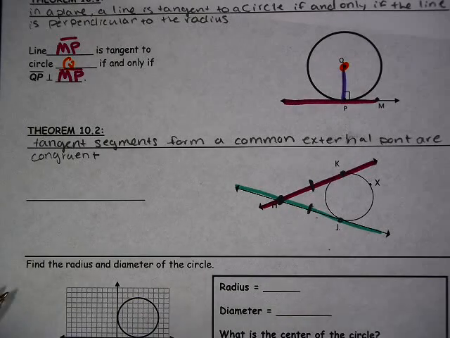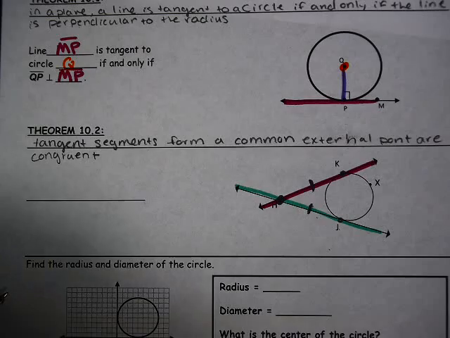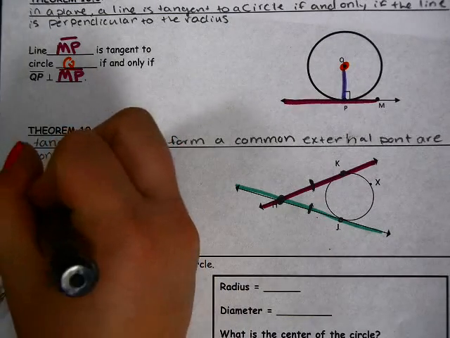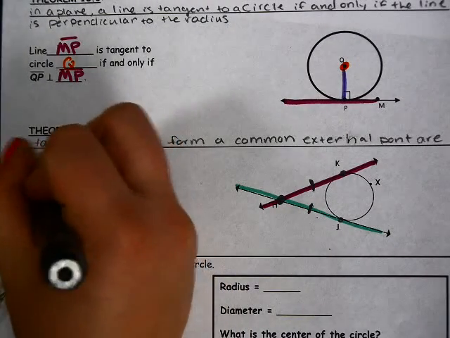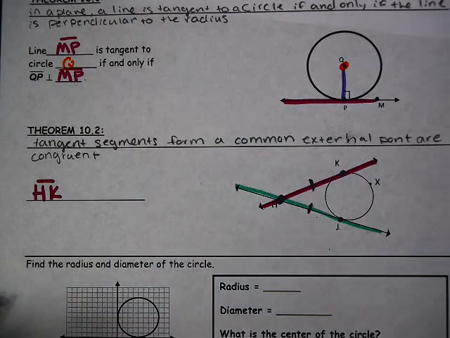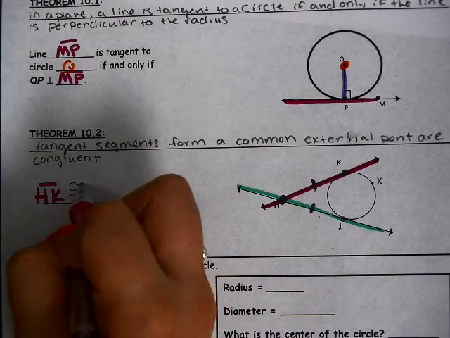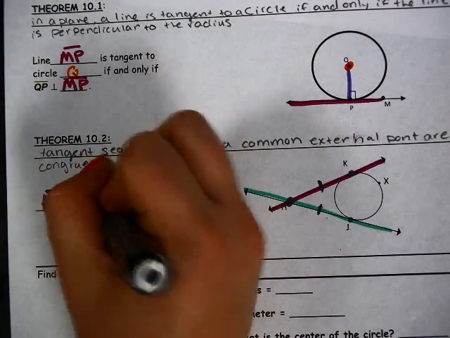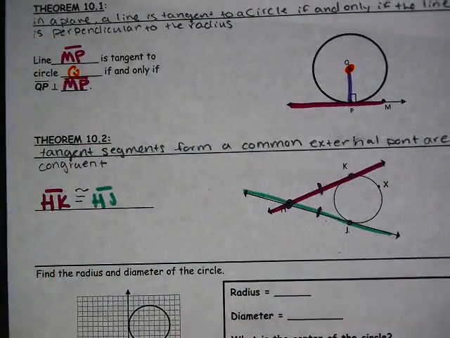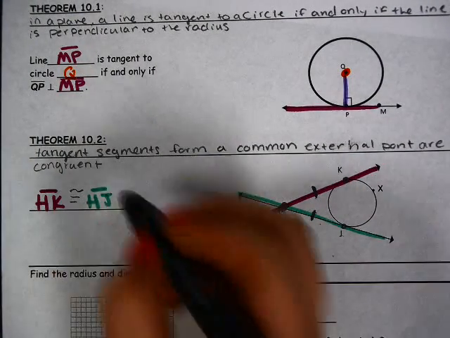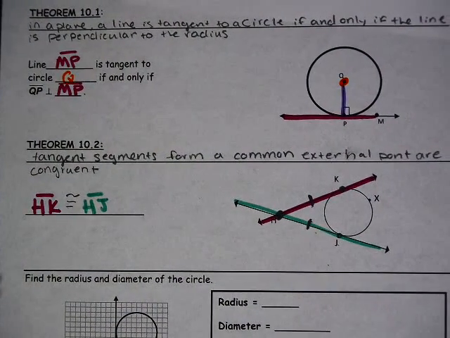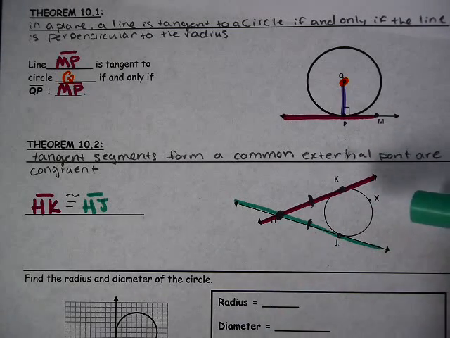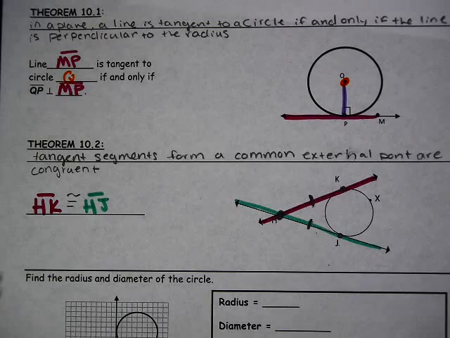So let me write that. So we have HK congruent to HJ. And this is something that you're going to need to be really familiar with whenever you start having to solve for line segments.